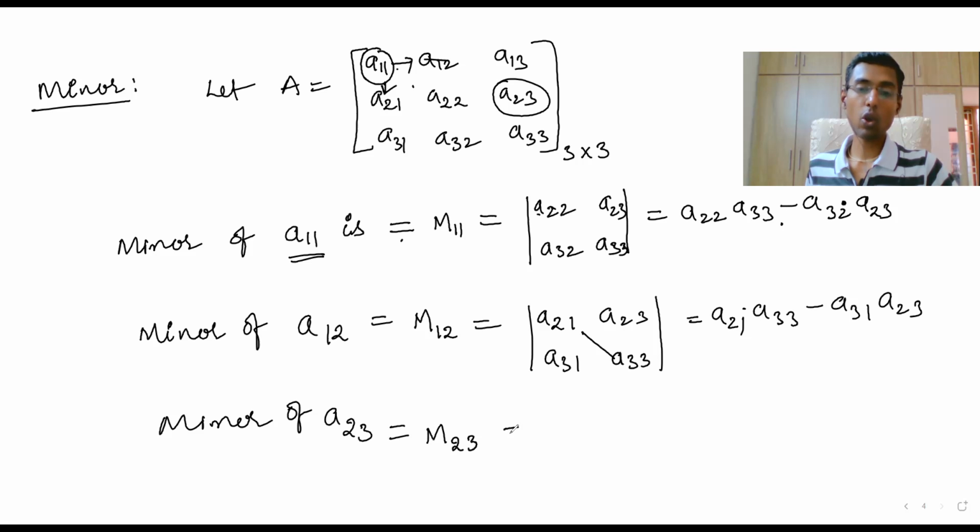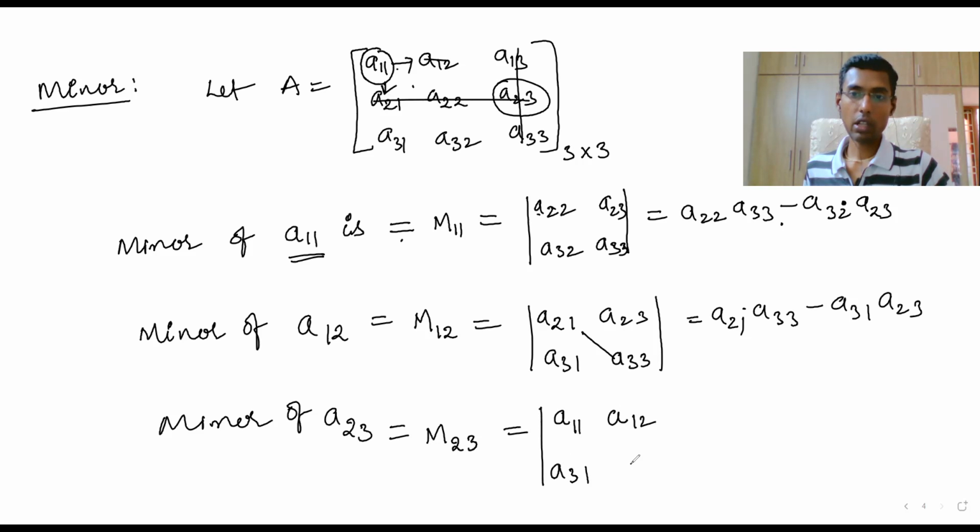Minor of second row third column: you remove the second row and third column. This is the second row and this is the third column. You remove them, then what do you have? The determinant obtained by removing the second row and third column, with A11, A12, A31, A32.